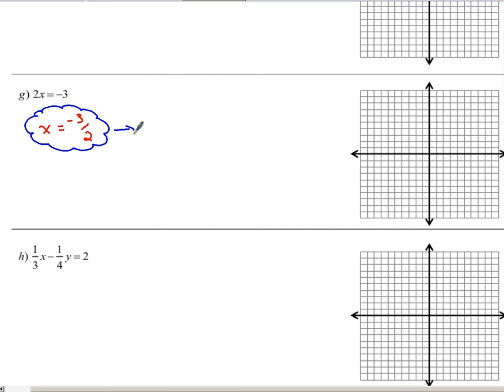In fact, this is going to be a vertical line. So on the x-axis, where x is -3/2, that'd be -1.5, right? You're going to go to that point on the x-axis, which is approximately right here, and draw yourself a vertical line through that point.